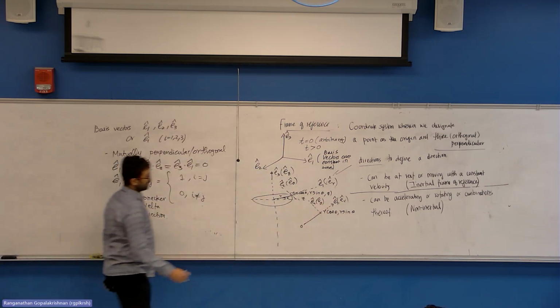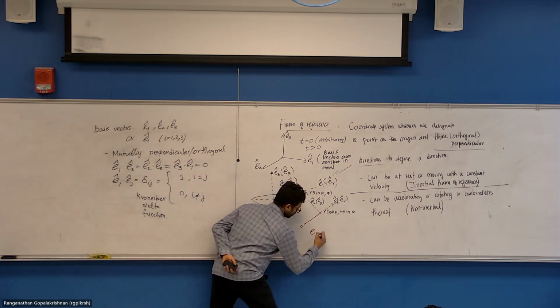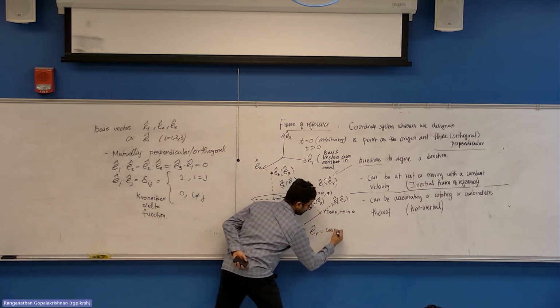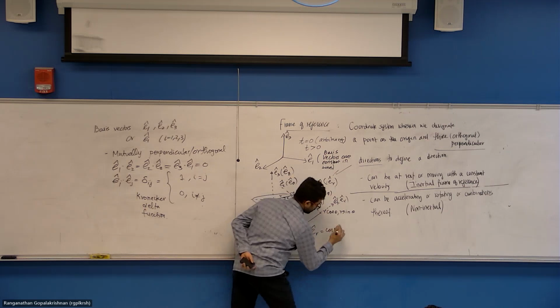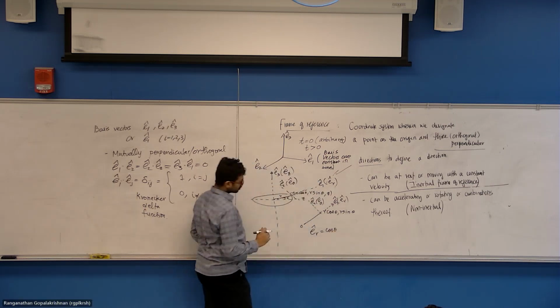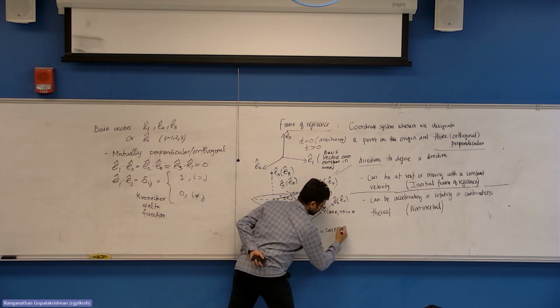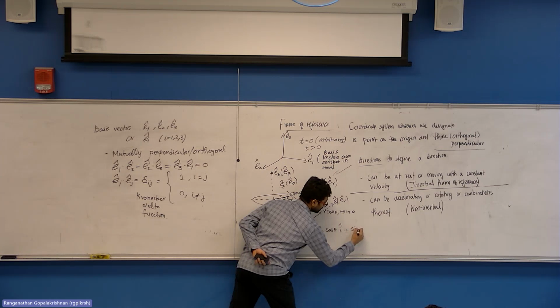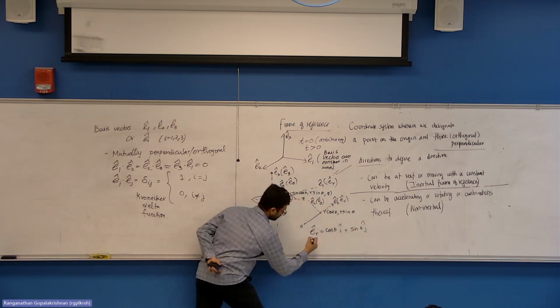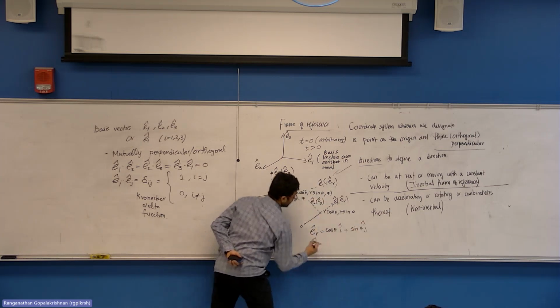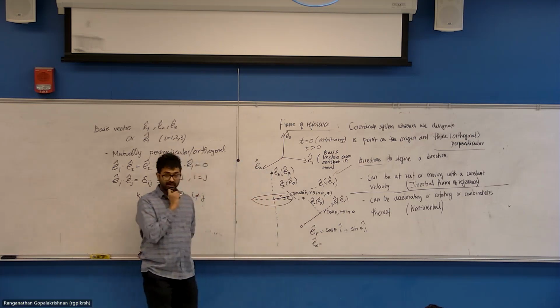So this ER direction is cos theta i cap plus sin theta j cap.